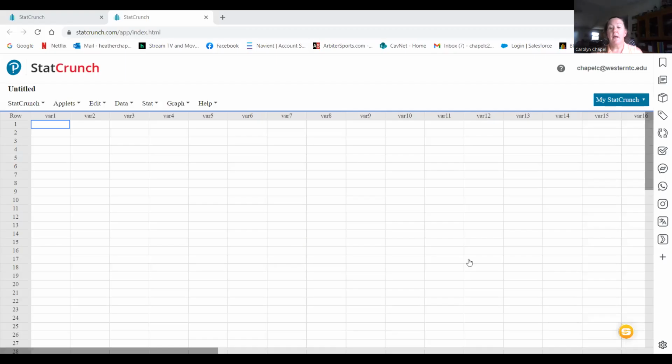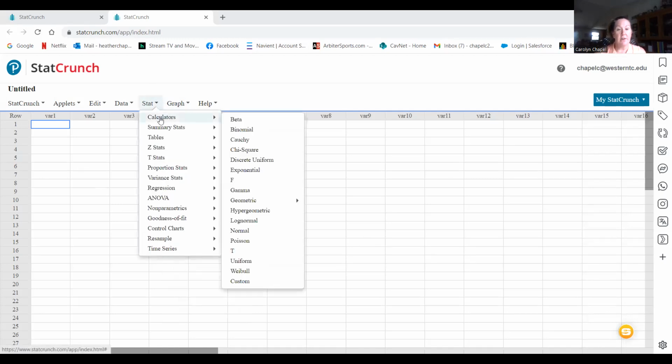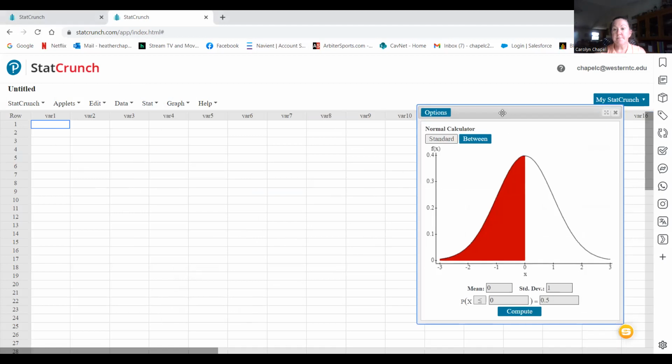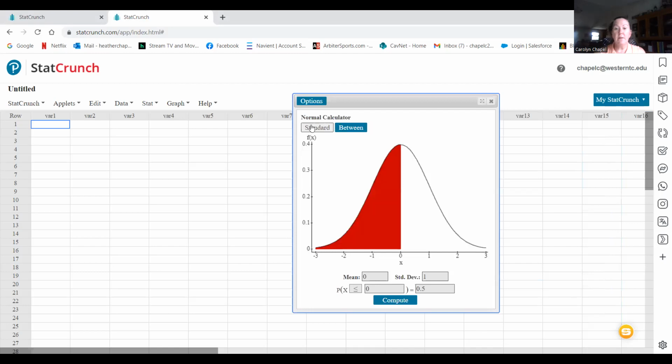Okay, in StatCrunch, which is another technology that some students use, I want to remind us how that works. So I'm going to go into Stat, under Calculators, and we are using a normal. Under the normal, we could be doing a between or the standard.